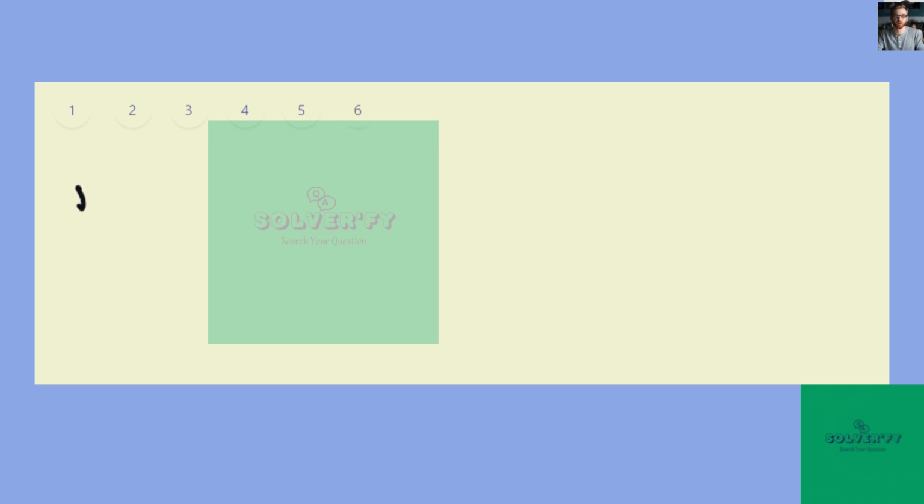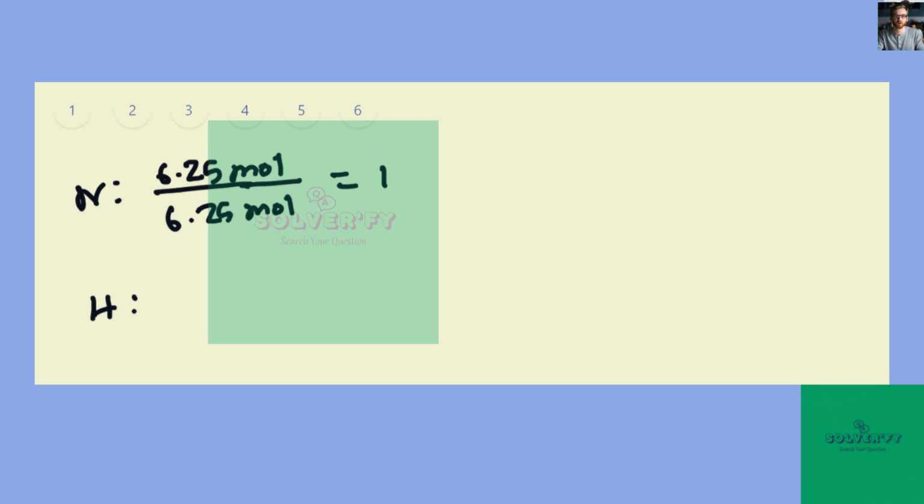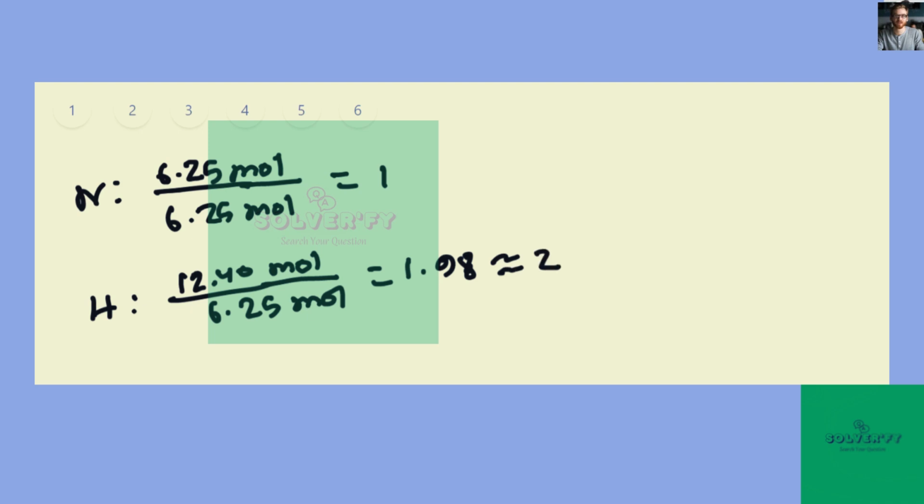That means the ratio of nitrogen will be 6.25 mole divided by 6.25 mole, which gives us a value of 1, and the ratio of hydrogen will be 12.40 mole over 6.25 mole, which gives us a value of 1.98, and since it's close to 2 we can write it as 2.